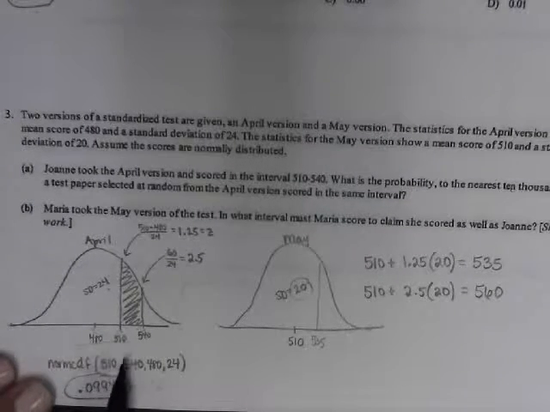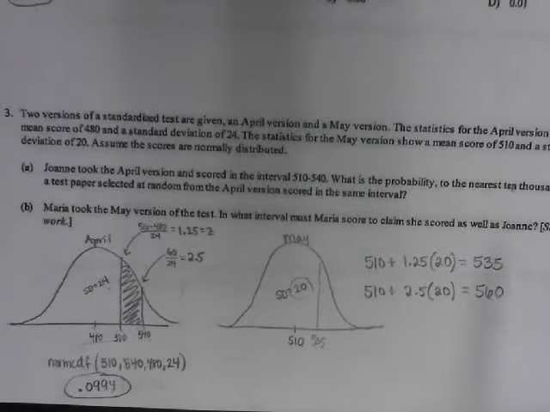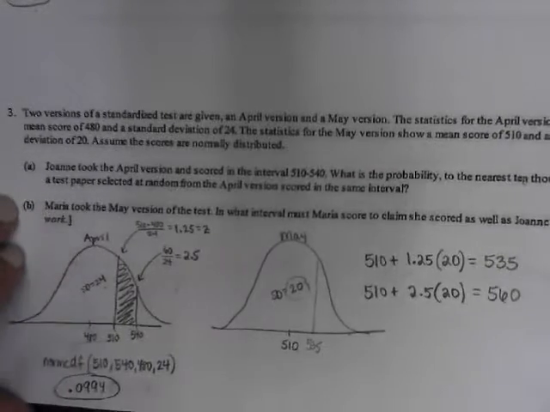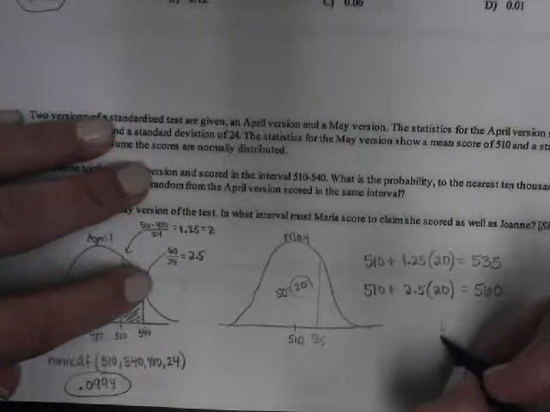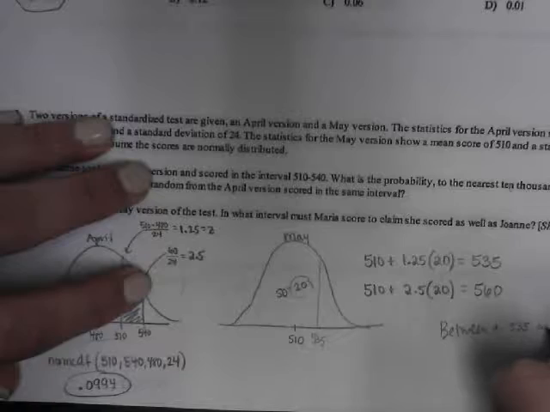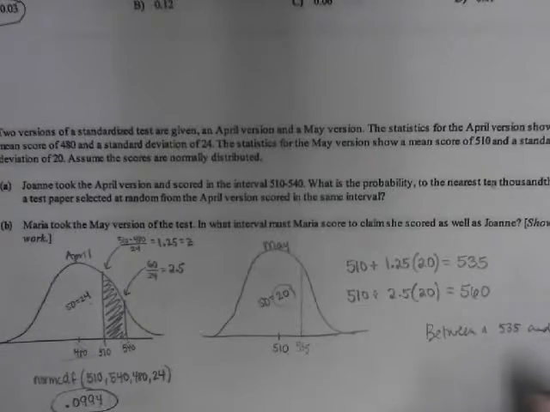So in April, scoring between 510 and 540 is equivalent to in May having to score between 535 and 560. So in what interval? I would say between 535 and 560. And we've already shown all of our work.